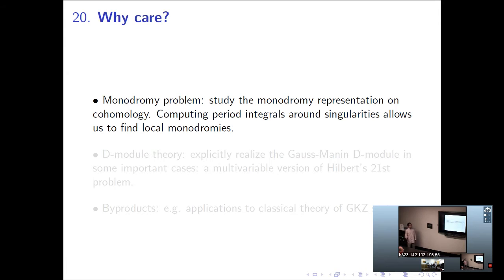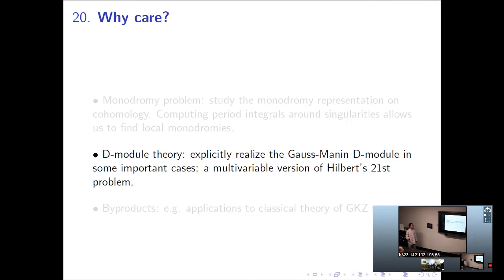And also, we are interested in studying the monodromy representation and cohomology. In particular, for example, physicists are interested in something called large complex structure limit points, which is characterized as points where you have maximal unipotent monodromy. I'm going to come to some applications to these problems later.